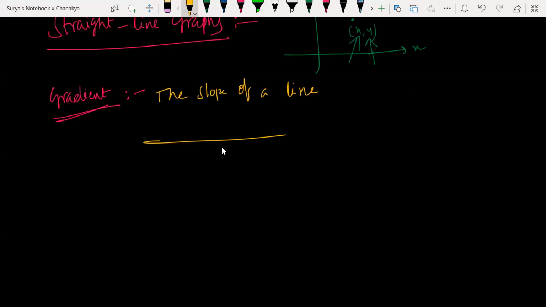This line passes through, let's say, 2 points. Let's say point a is x1 comma y1, and point b is x2 comma y2. Remember clearly, whenever a line passes through 2 points, what is the gradient, which means slope of the line? m is equal to the vertical distance between 2 points.